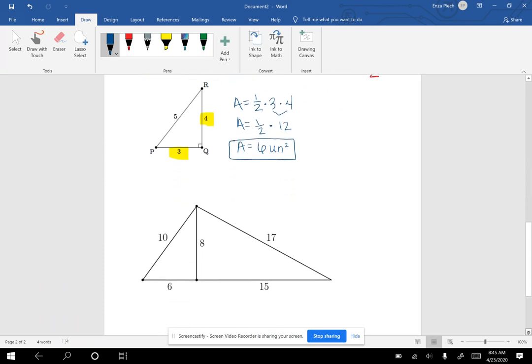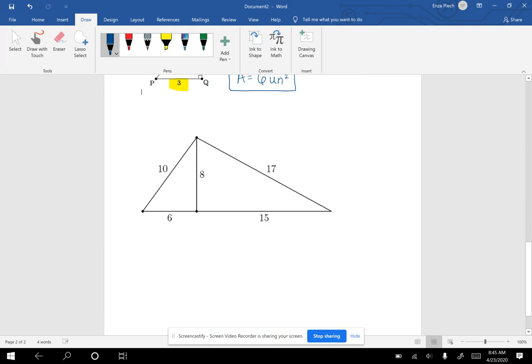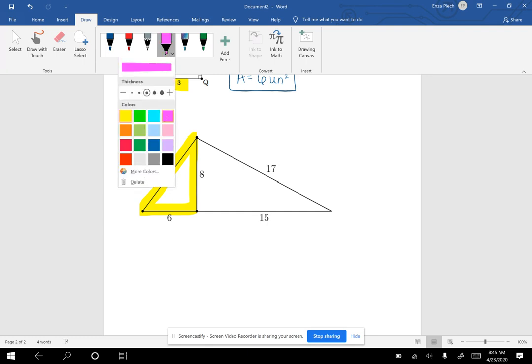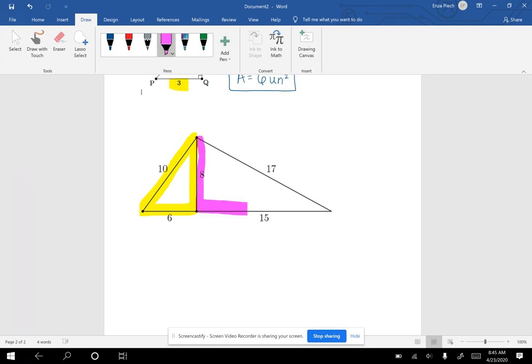When we look at a triangle like this, this triangle actually has a lot of awesome information. We have 2 separate triangles here to work with. We have a triangle here, and we have a triangle here. So in order to find the area of the entire triangle, we have to find the 2 triangles' areas and add them together.